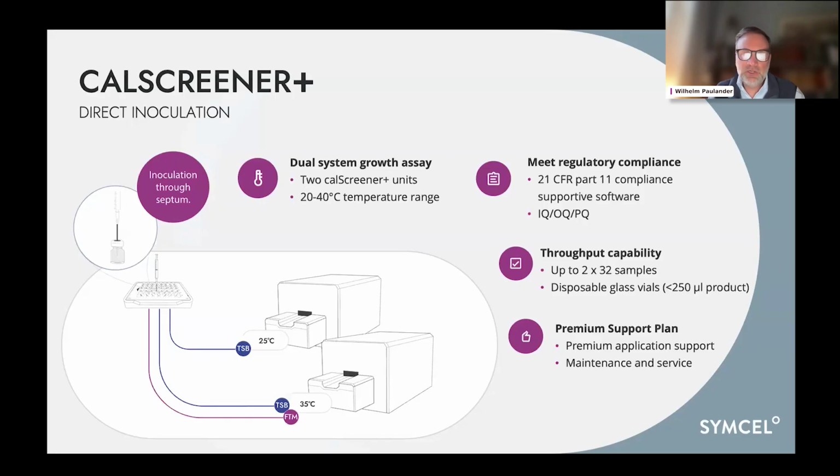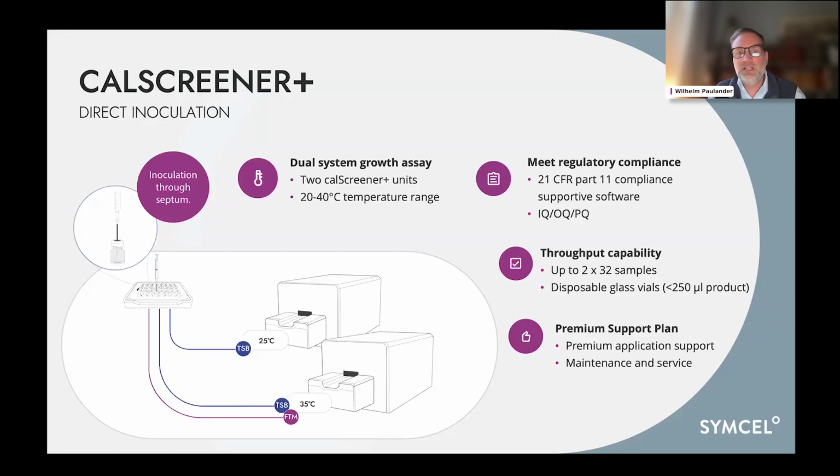The sample is introduced via a needle into the vial through a septa. We can take up to 250 microliter of sample per vial. And the minimum number of samples that you run is 3, because you need to cover all 3 temperatures, but the volume can vary and be split up between these 3 vials.